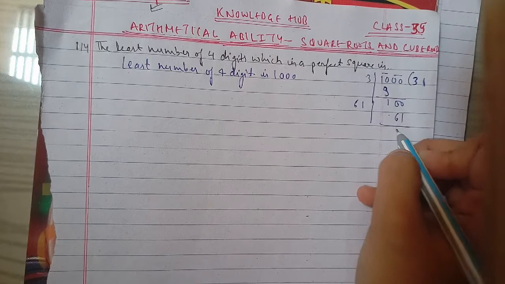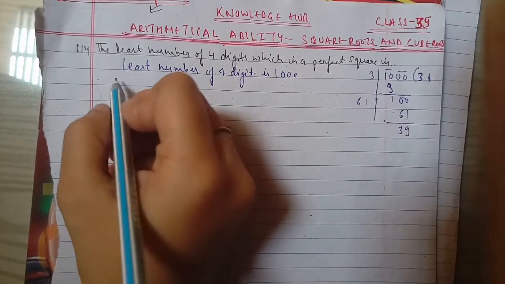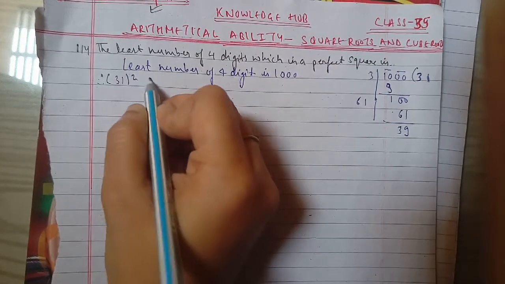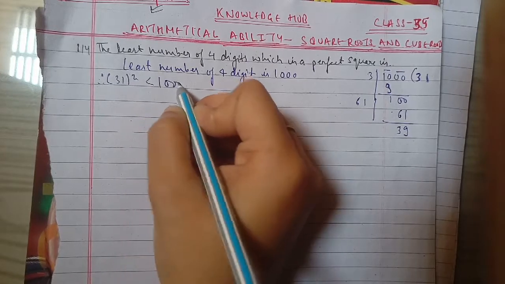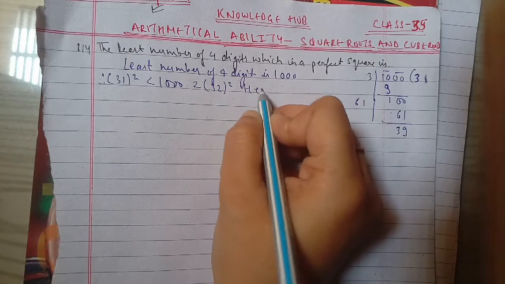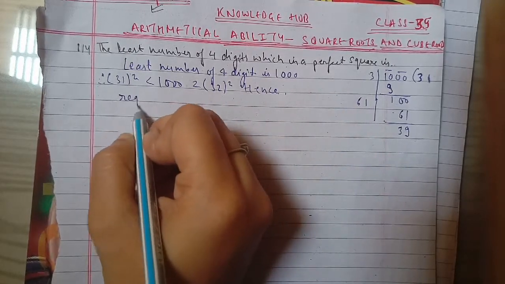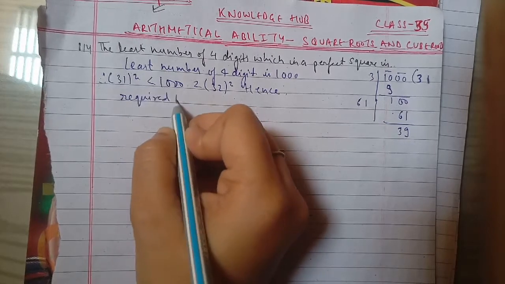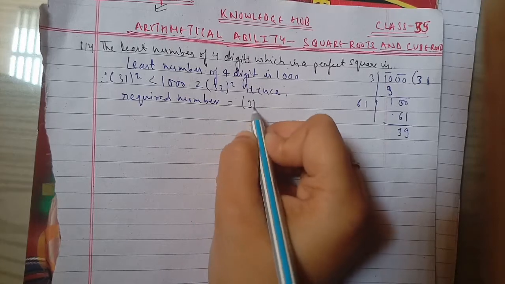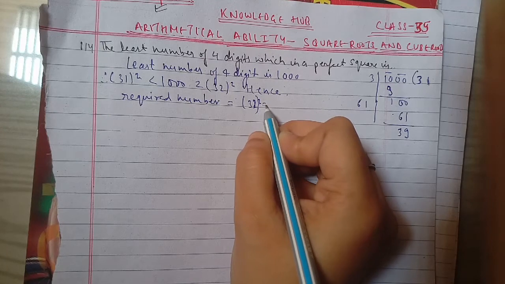So here the least number which we are finding is: 31 square is less than 1000, less than 32 square. So hence the required number is equal to 32 square, that is equal to 1024. That will be the right answer for this question.